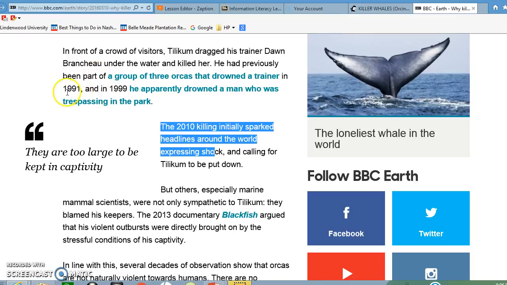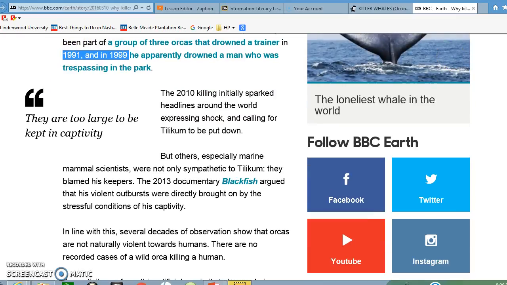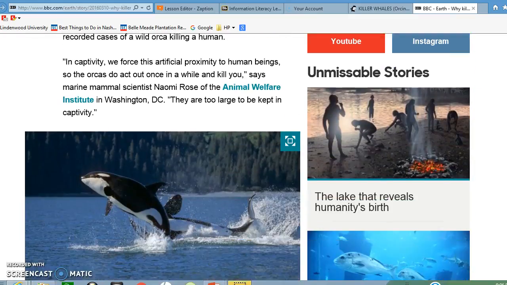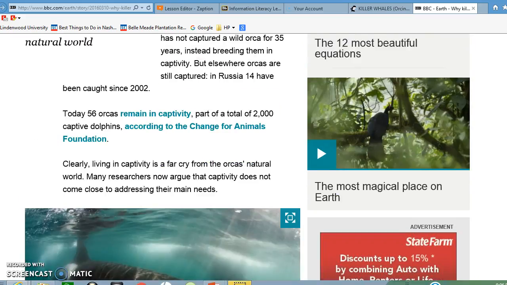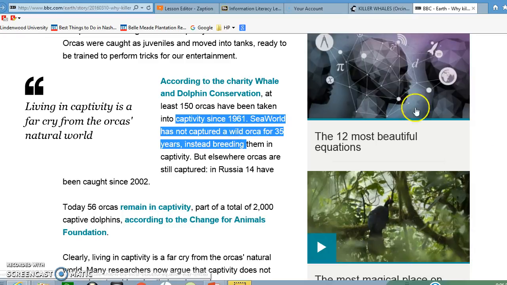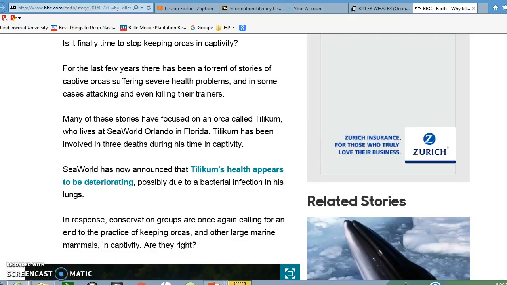It has other information from 1991 and 1999, so it's a little outdated, but it looks like it's talking about documented orcas, so that's when they lived. The information's not telling me anything that's not true, but it is biased, so it's really focusing on orcas in captivity. We already went over its bias.